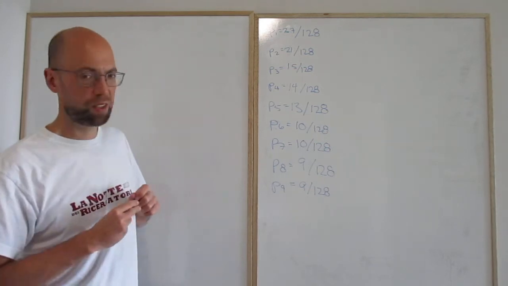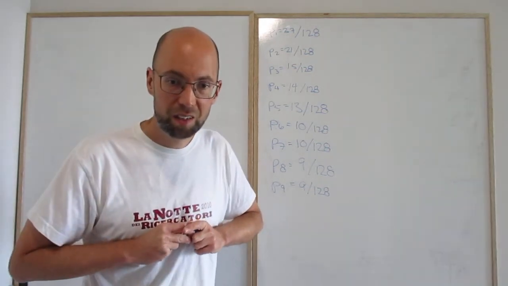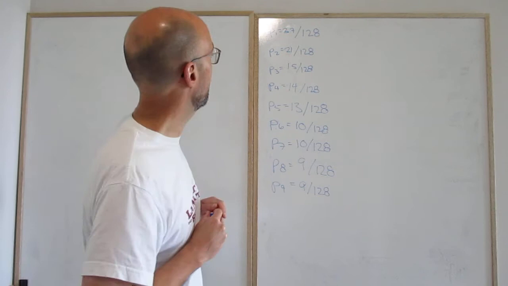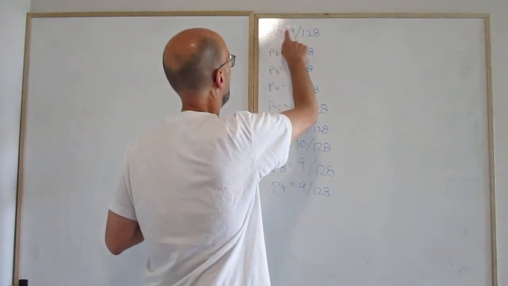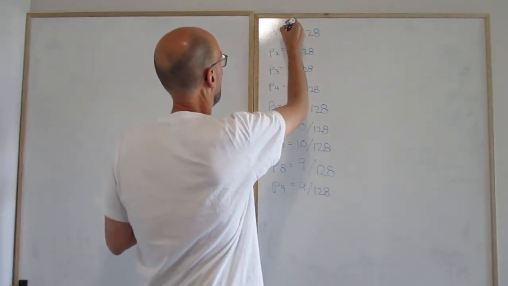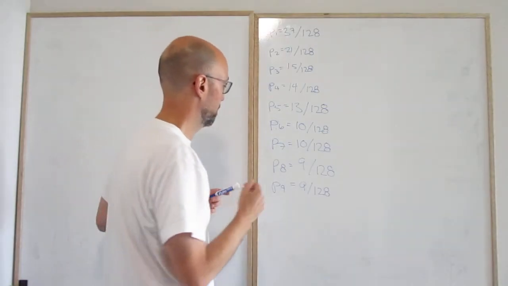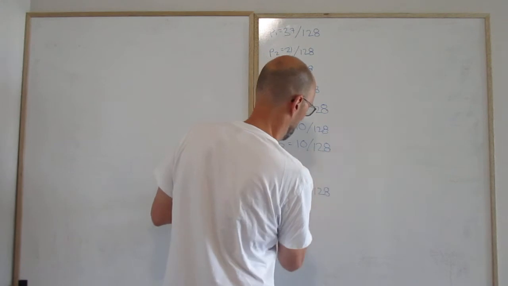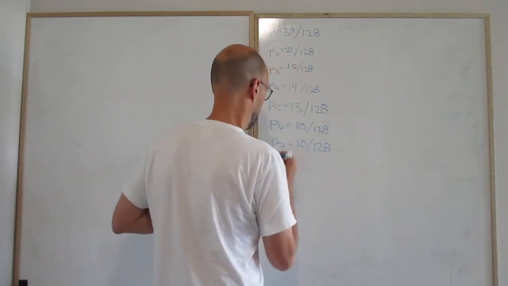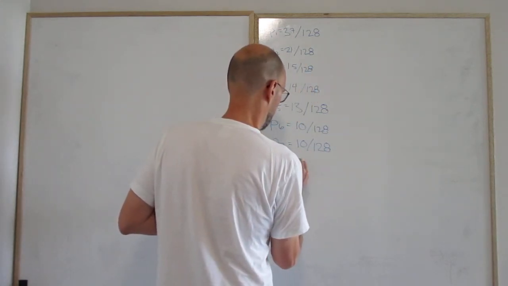Okay, so that should be better. The first one is 37. Okay, so I'm going to change this back to an 8. Okay, P8 equals 8 out of 128.